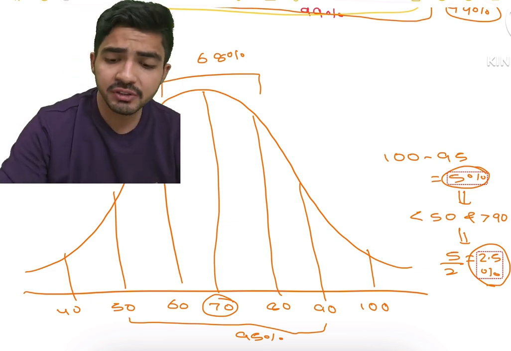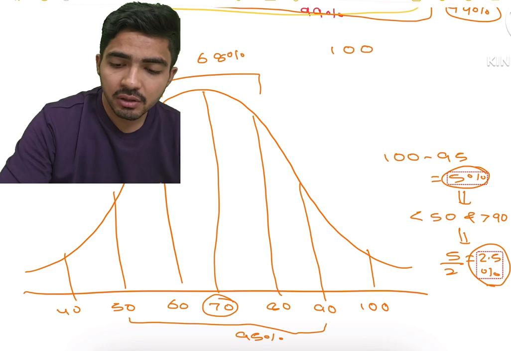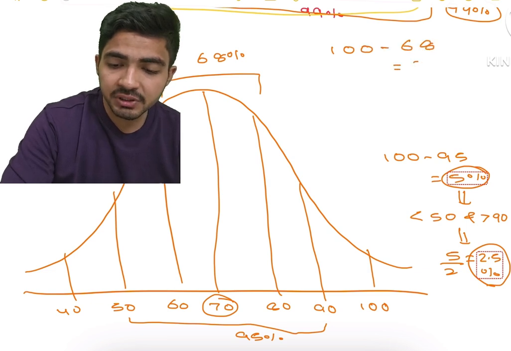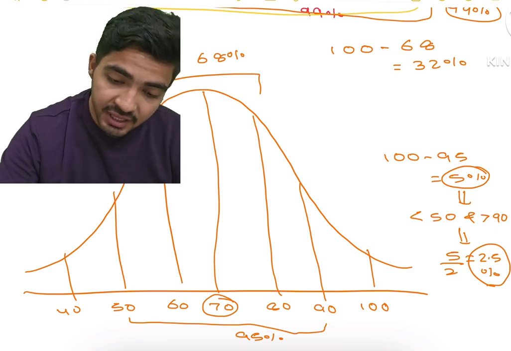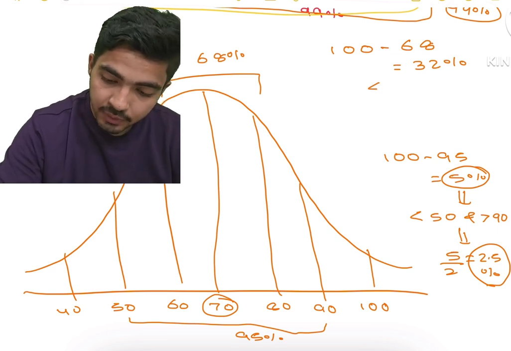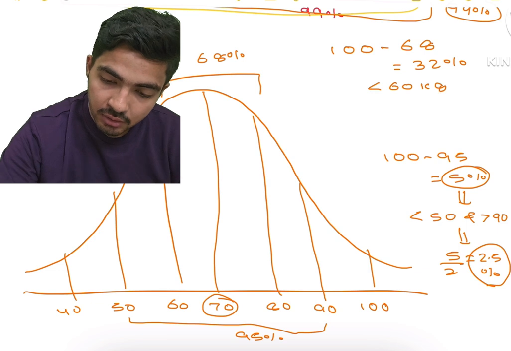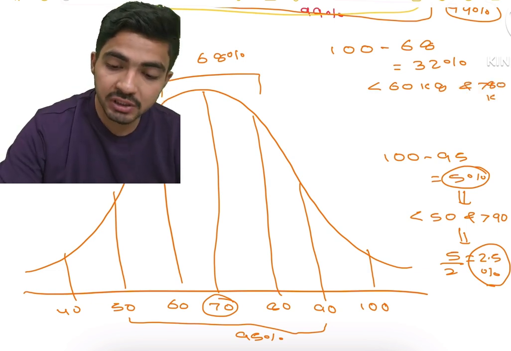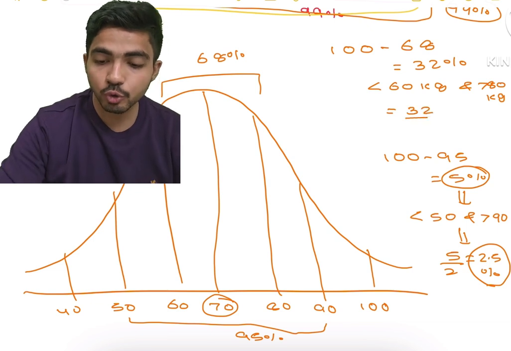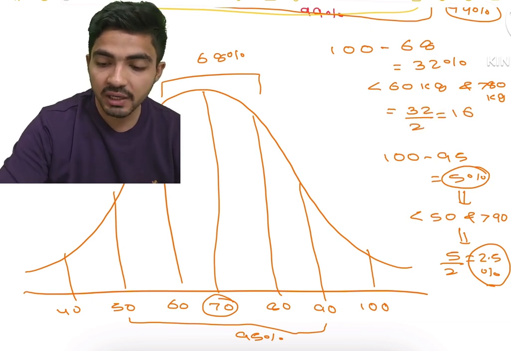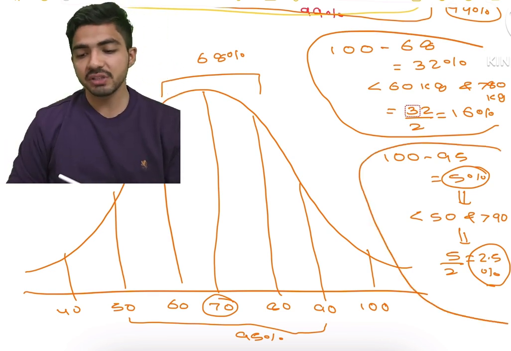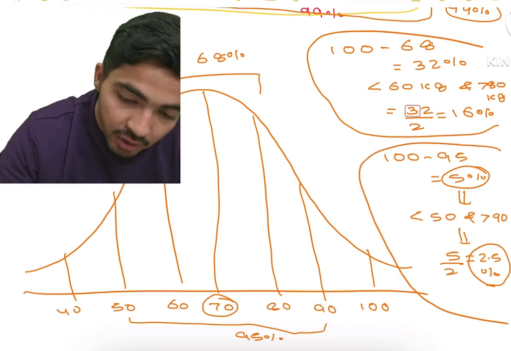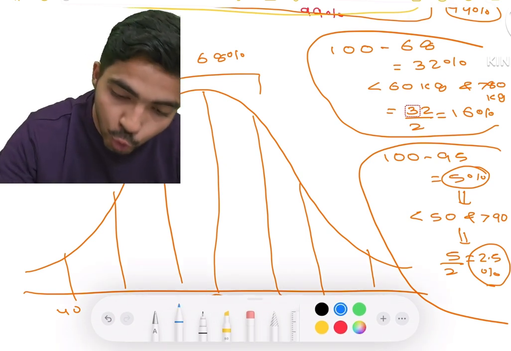So it is obvious that 32% of students will have weight less than 60 kilogram and more than 80 kilogram. So my question is weight more than 80 kilogram. It will obviously be 32 by 2, that is 16%. So these are some of the calculations you should be able to do.